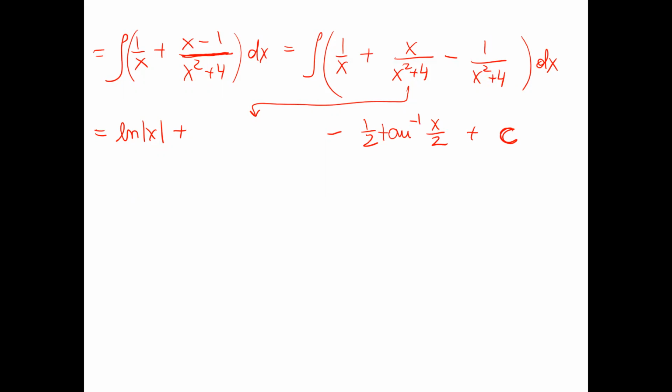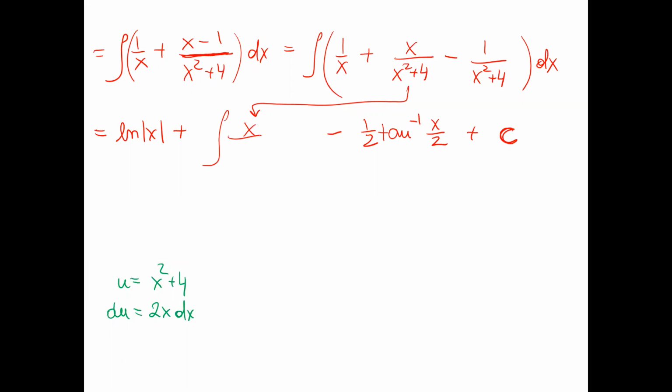Okay, but the middle part, I will let u be x squared plus 4, because we can see the inverse tangent will not be involved because of the extra function on the top. Du is 2x dx, and I have x dx. Let me actually write this integral.